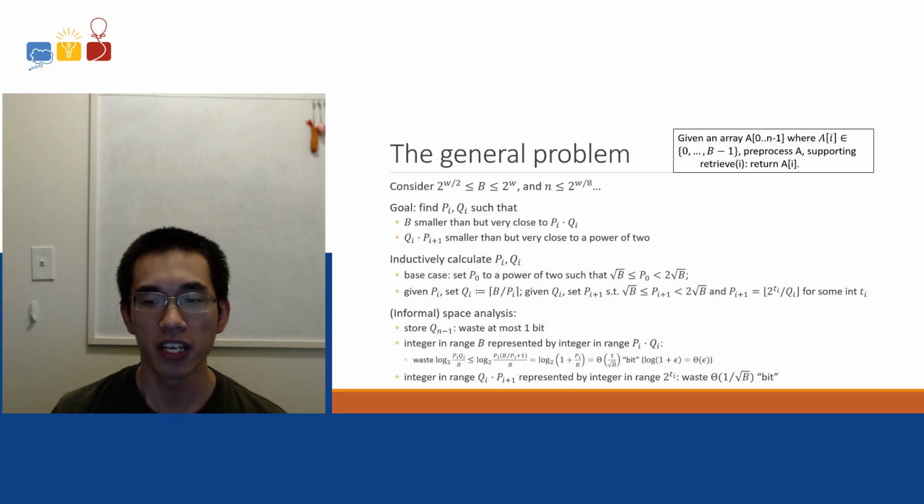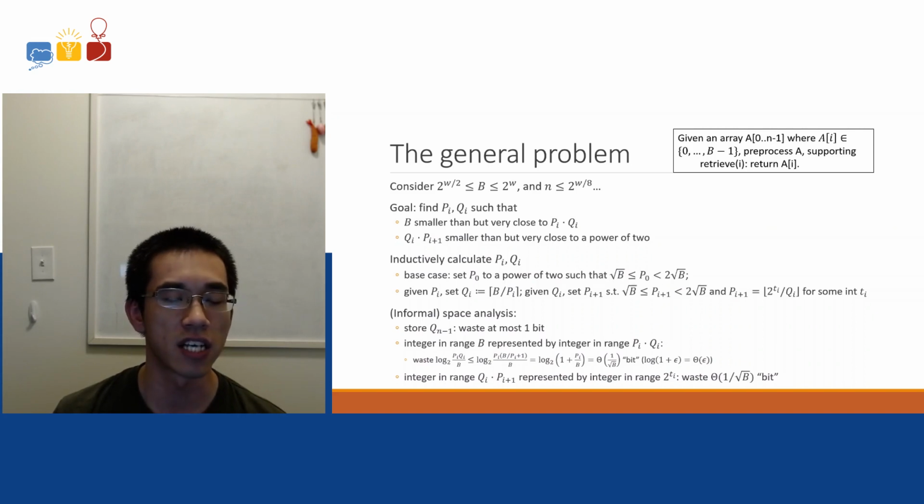Intuitively, for the former range of size b, an integer in this range takes log b bits, and an integer in the latter range of size pi times qi can be described using log base 2 of pi times qi bits. If we take the difference, this is how many bits we waste by representing some small object using a large amount of space.